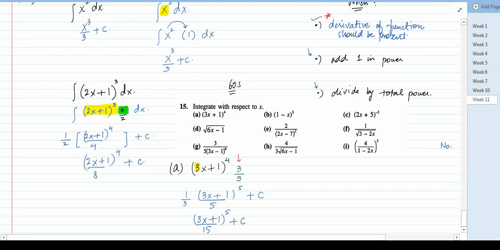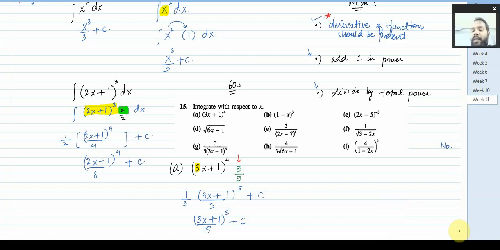So start. Alright, I hope that all of you had noted the solution up till now, right?